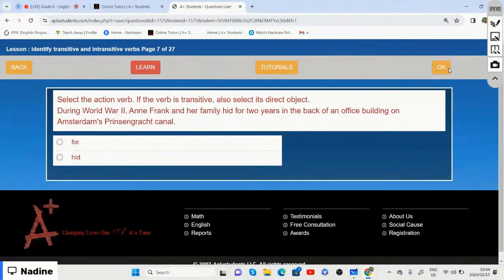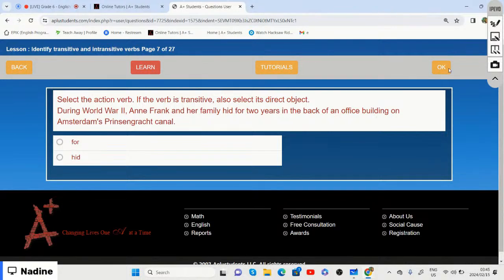During World War II, Anne Frank and her family hid for 2 years in the back of an office building on Amsterdam's Prinsengracht Canal.